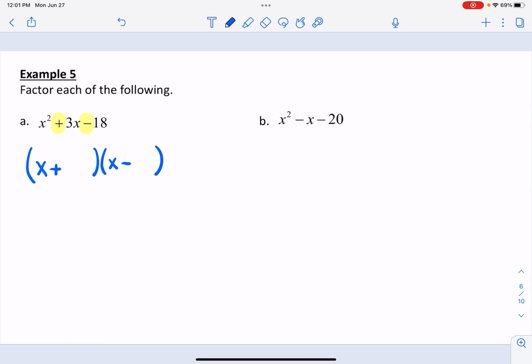Because a negative times a positive gets me this negative number, but a negative plus a positive is going to get me a positive number, depending on which one is larger. So I now need to look at my product. I'm sorry, not the product, the factors. And then we're going to look at their difference.